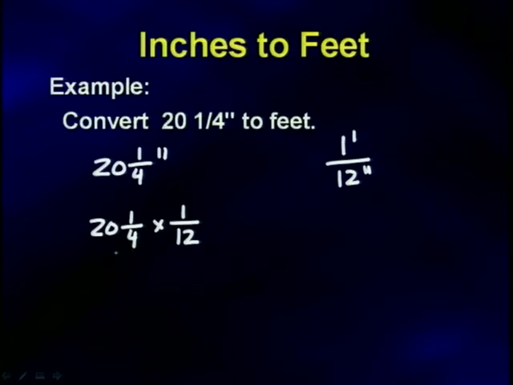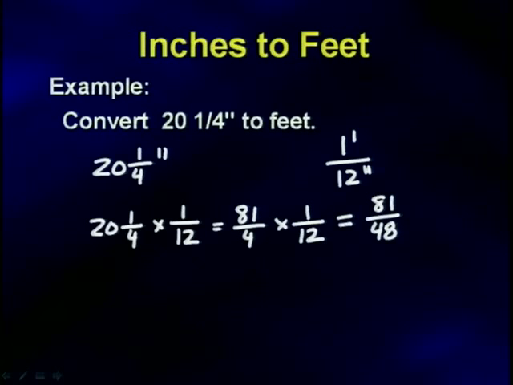First, change the 20 1/4 to an improper fraction. 4 times 20 is 80, plus 1 is 81. So 81 over 4 times 1 over 12. 81 times 1 is 81, and 4 times 12 is 48. 48 goes into 81 one time with 33 48ths left over. So we've got 1 33/48ths of a foot.